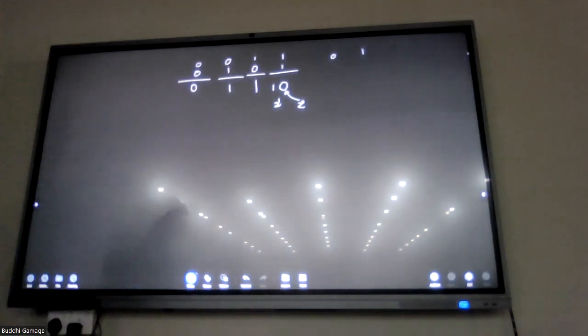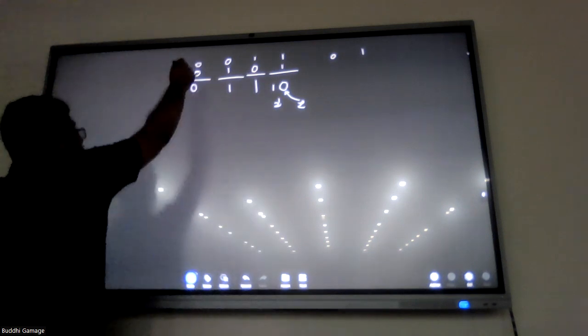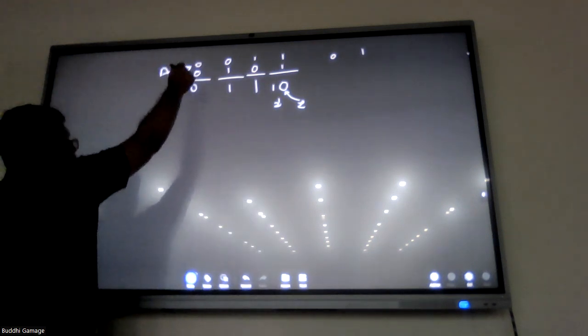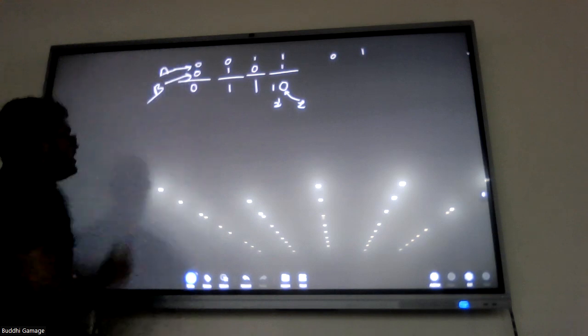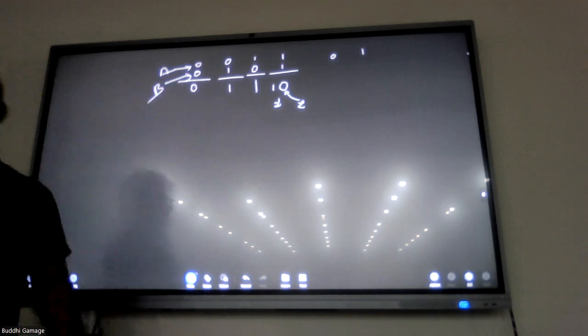So there are 2 inputs, this is A, and this is B. How many outputs are there?